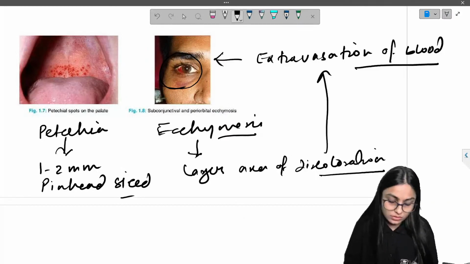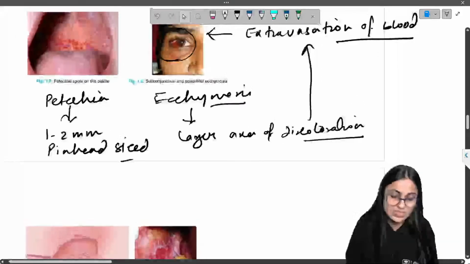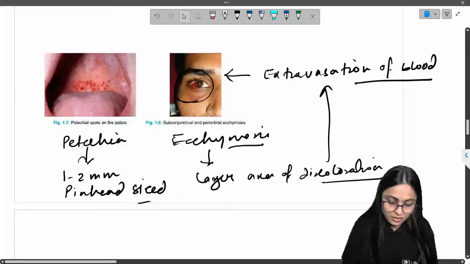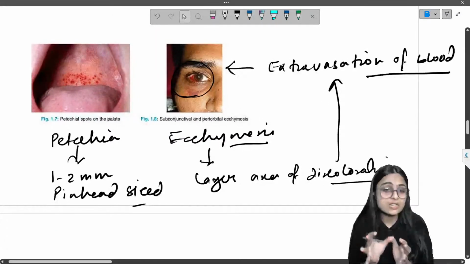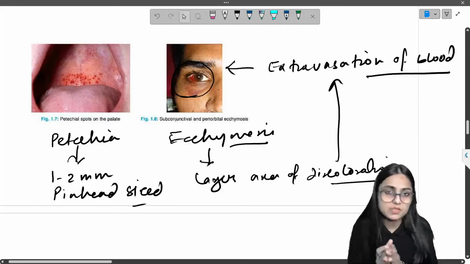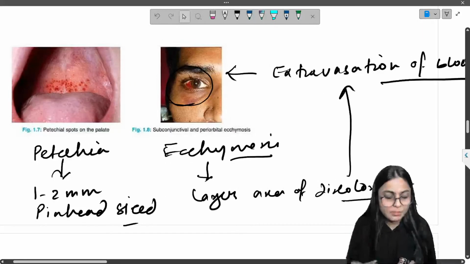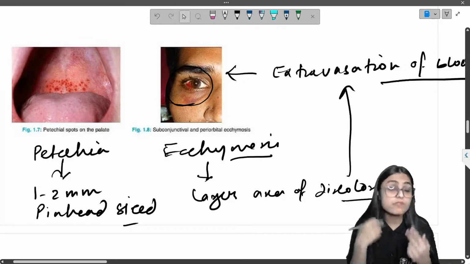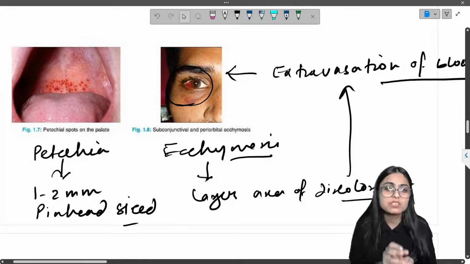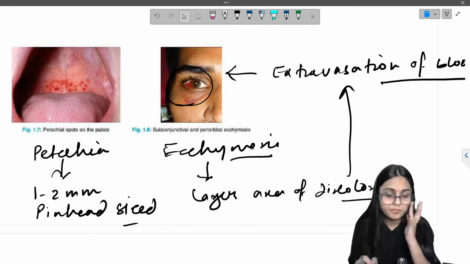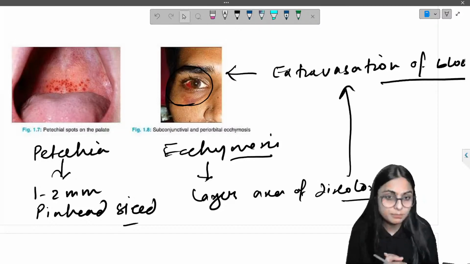These are also important lesions that you should know, and these lesions have particular significance. Can anybody tell me in which cases periorbital or subconjunctival ecchymosis can be seen?